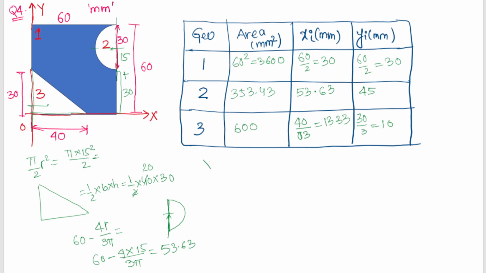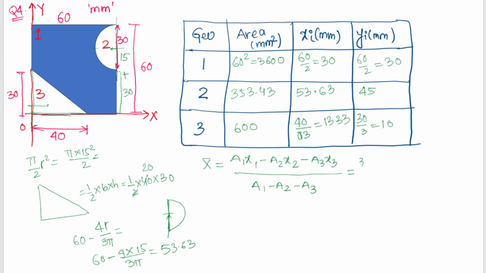Now let's put the values in the formula. X bar is equal to A1 x1 minus A2 x2 minus A3 x3, because these areas are being subtracted from the geometry, divided by A1 minus A2 minus A3.